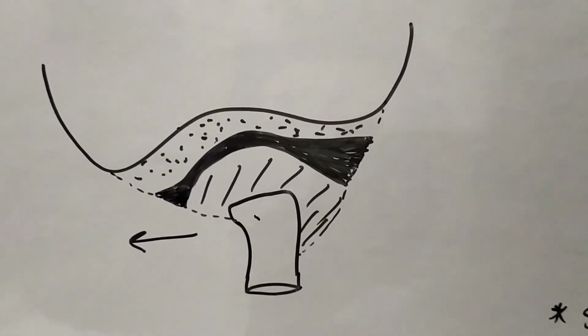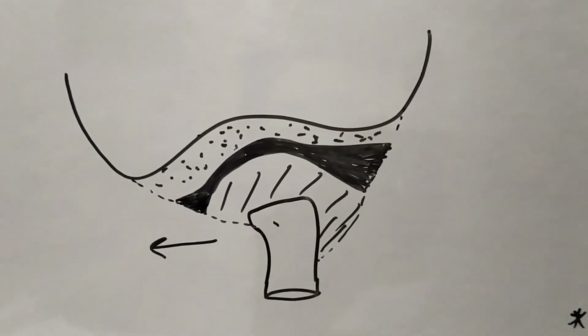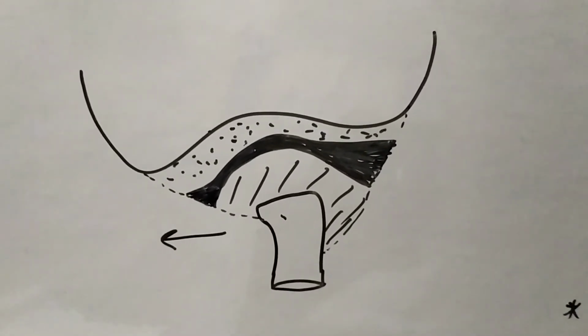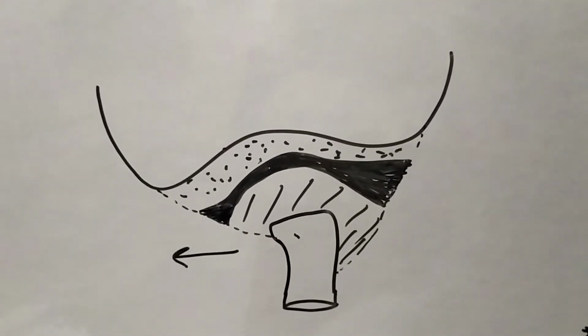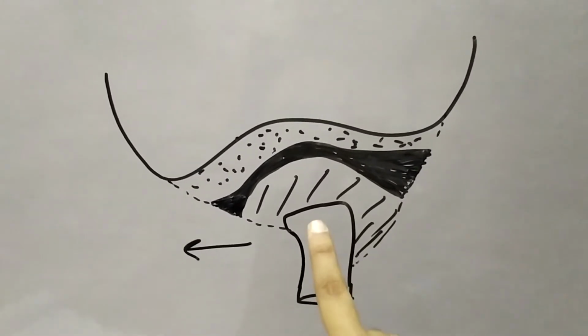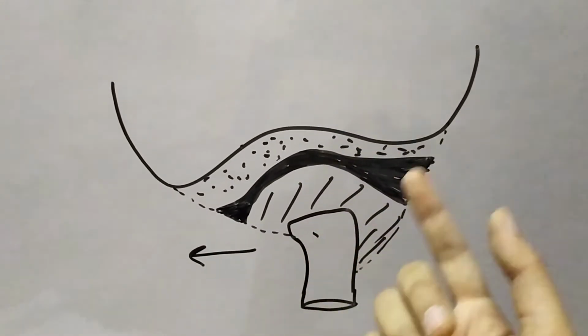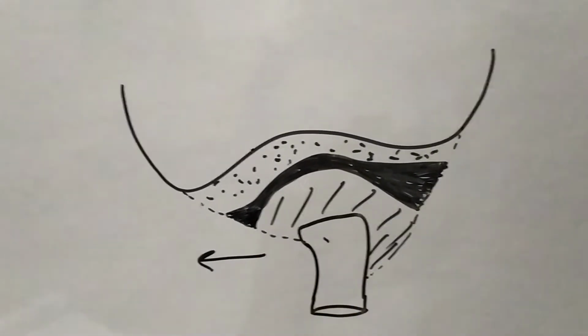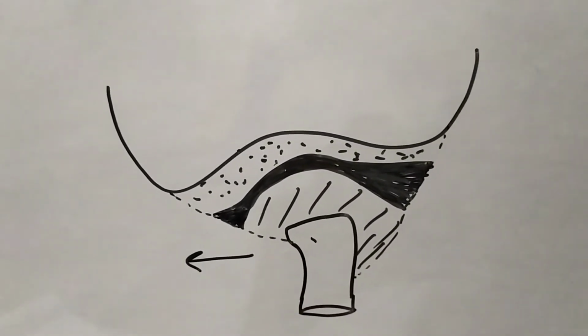Now the side-to-side movements or the chewing movements. In side-to-side movements, what happens is that in one temporomandibular joint, the head of the condyle will simply glide beneath the articular disc in the forward direction, as was the case of protrusion.